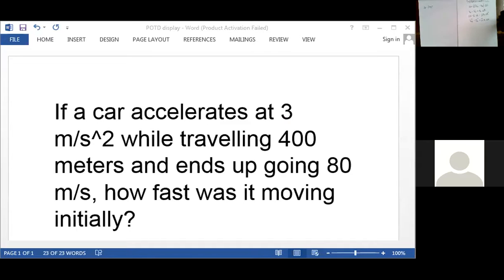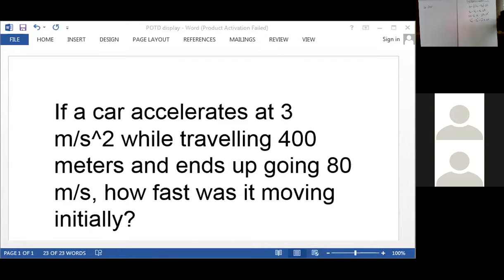Okay. What else do we have? We have the VXF, the final velocity, right? What's that going to be? 80 meters per second. 80 meters per second, exactly. Great, Danya. Good. One more given.